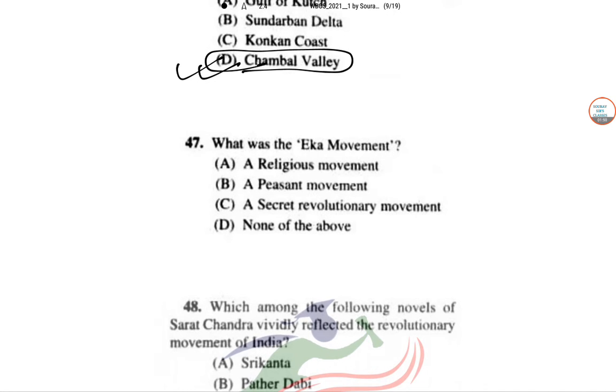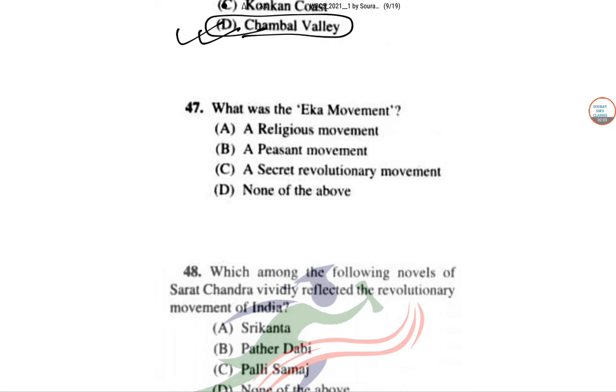What was the Eka movement? Very, very important. The Eka movement was a peasant movement in Hardoi, Bahraich and Sitapur at the end of 1921.